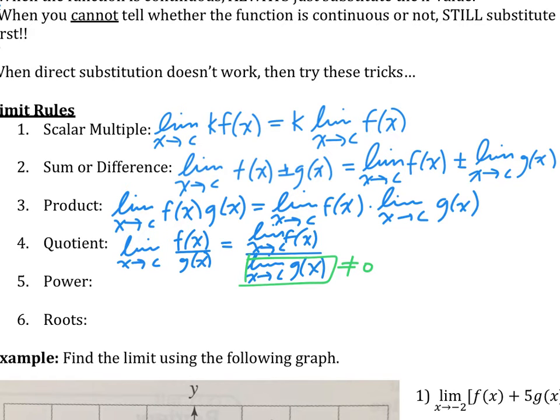Power rule, same idea. This one is not as intuitive. If you have the limit of something to an nth power, and you're not sure what to do with this nth power, and you cannot evaluate, then you can evaluate just the limit of f by itself, and then raise it to the nth power.